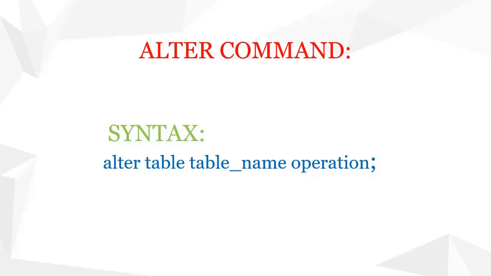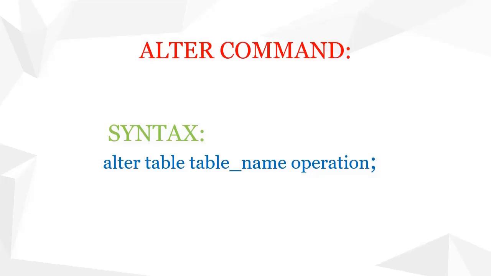Okay. The basic syntax for alter command is that firstly we use the alter keyword followed by table, which is followed by the table name, and at last we provide the operation to be performed for our alter command. Okay.